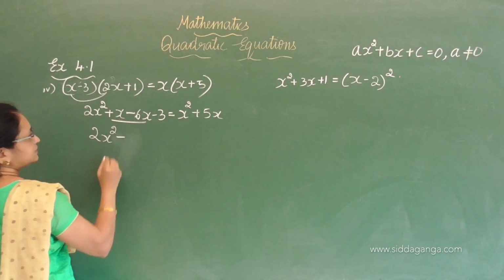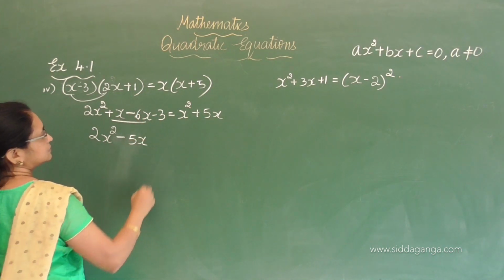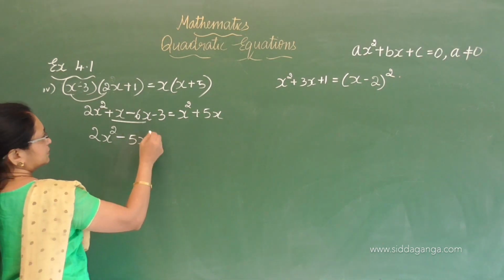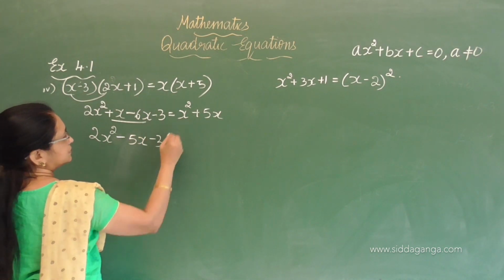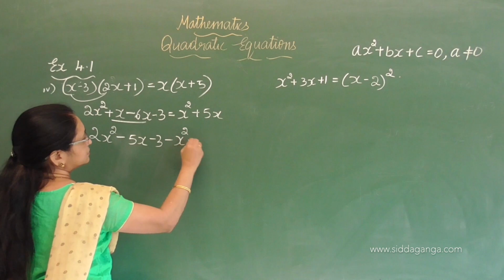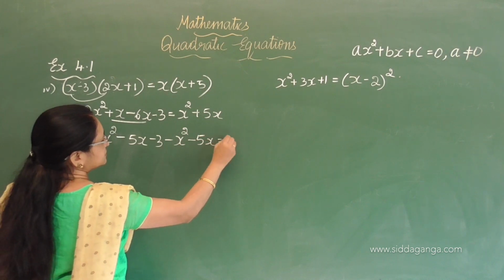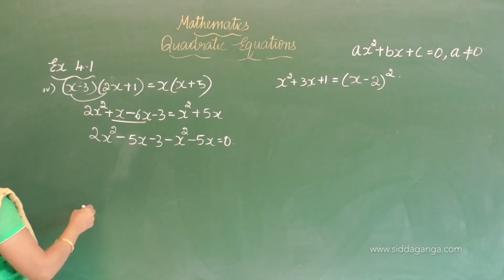Minus 5x, then minus 3, minus x square minus 5x is equal to 0.